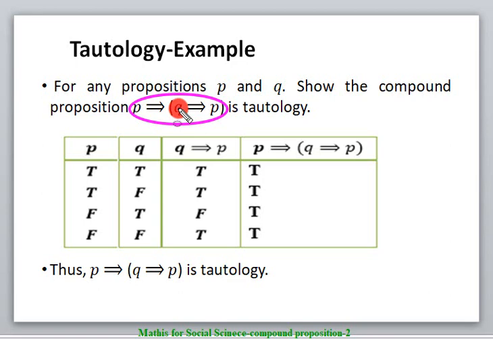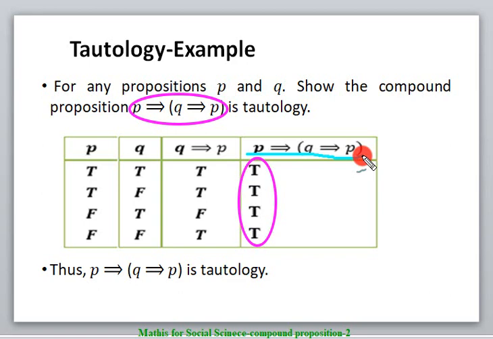In order to determine whether this proposition is a tautology or not, we just construct a truth table as usual. So what is Q implies P? Here the truth values are given to us. Here we are just going to consider this column, because the proposition we are talking about is only this one.